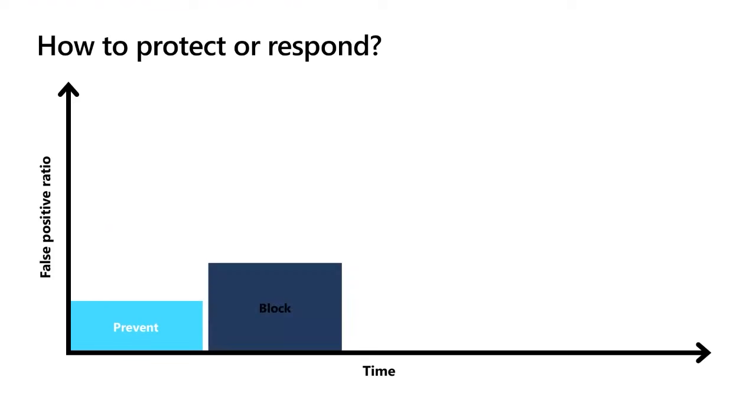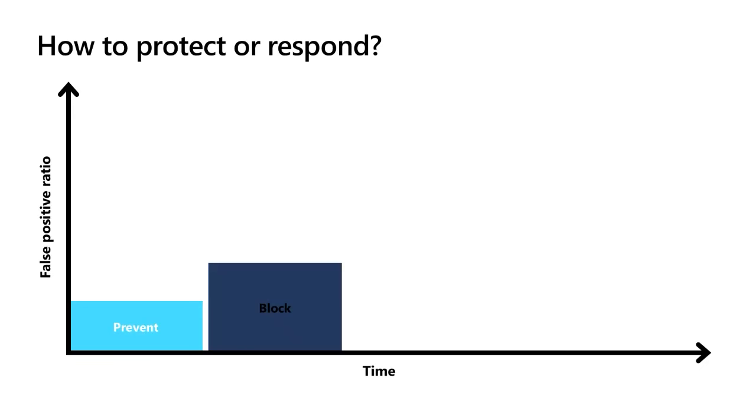Then the next thing we have is block or behavior blocking. So this is where we have something that's maybe a piece of polymorphic malware or a piece of malware which we haven't seen before. We're having to block that based on behavioral signals and machine learning, rather than it being prevented outright using heuristics or some type of signature.